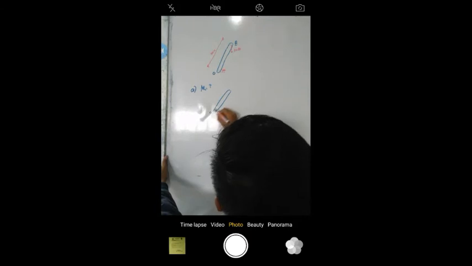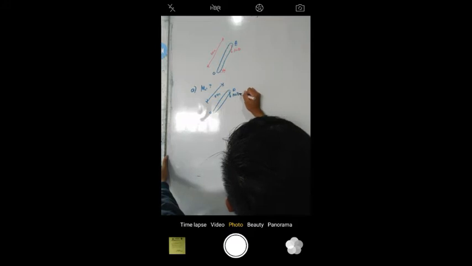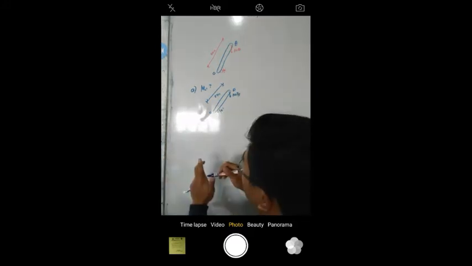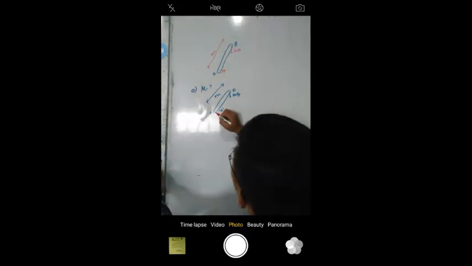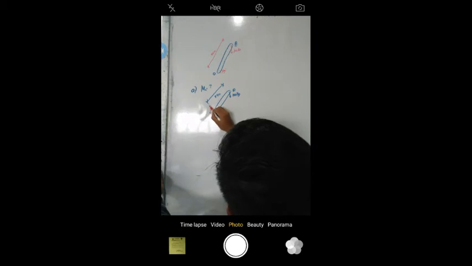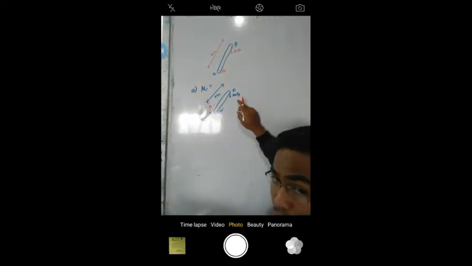So nandito si point O, dito si point A. So may 24 inch tayo dito. Tapos may 100 pounds dito. Tapos 60 degrees dyan, right? So, ano daw yung moment at O, kapag may 100 pounds force dito?